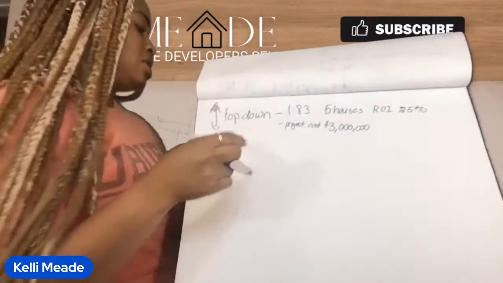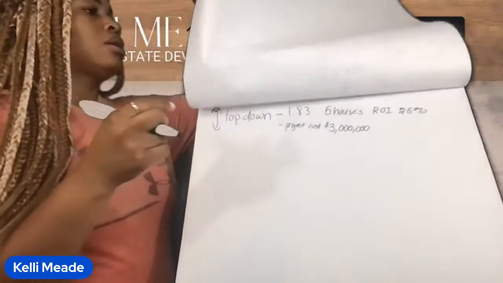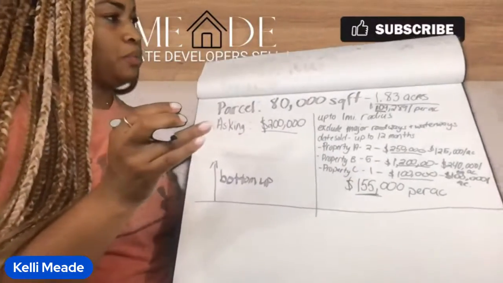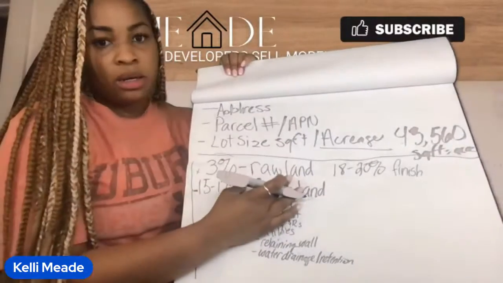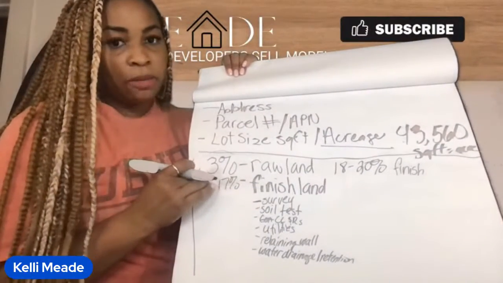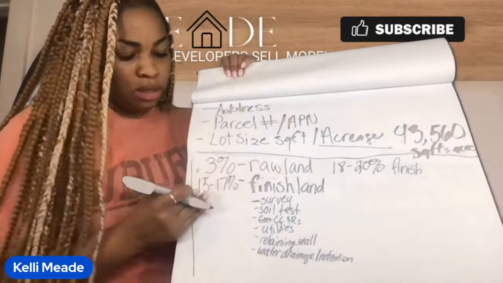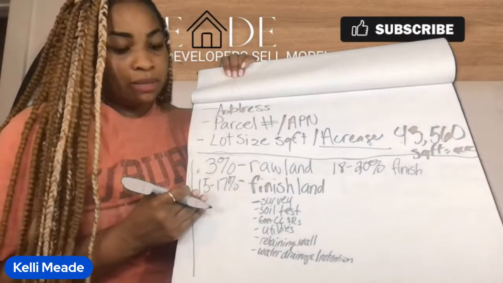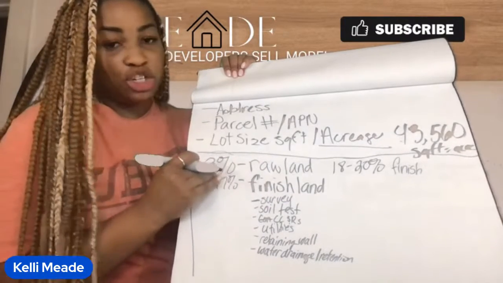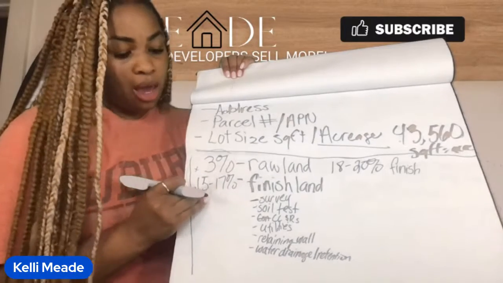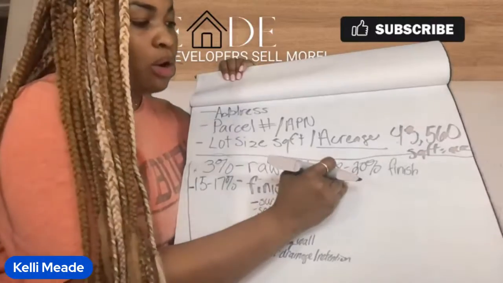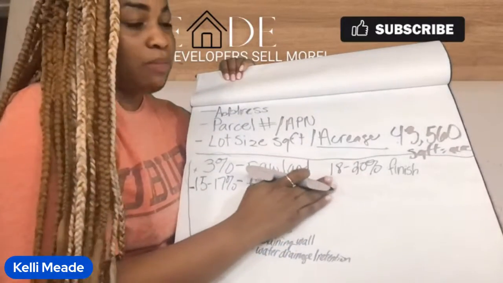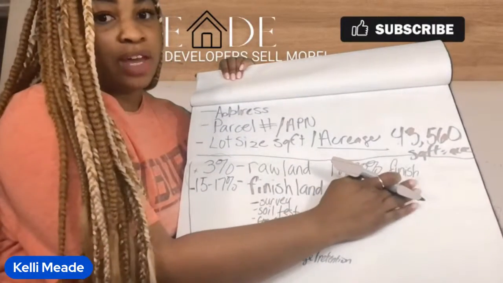So we talked about this before, where raw land, if it's raw land, needs to be 3% of your total cost. And then finished land, the additional piece of finished land, would need to be 15 to 17% of your total cost. So in order to finish land, it would need to be 18 to 20% of finished cost.